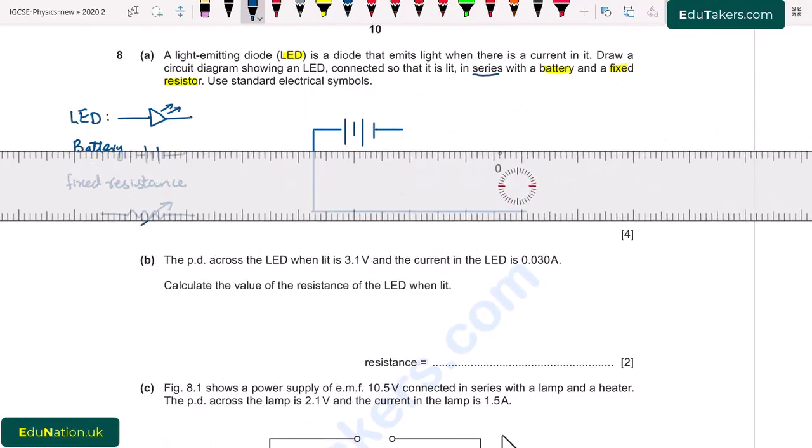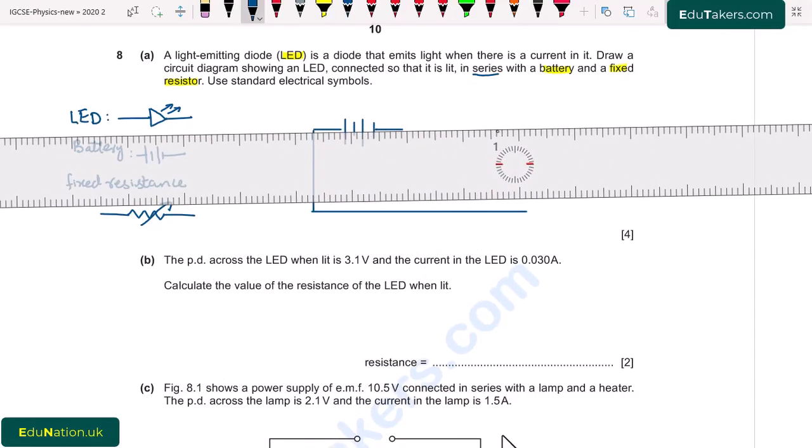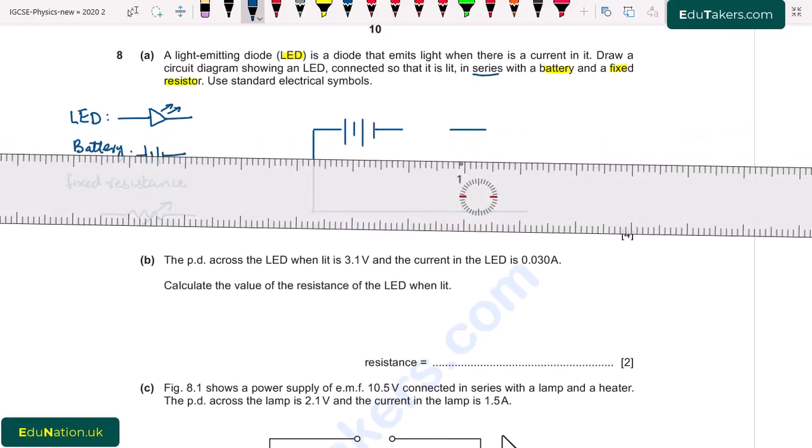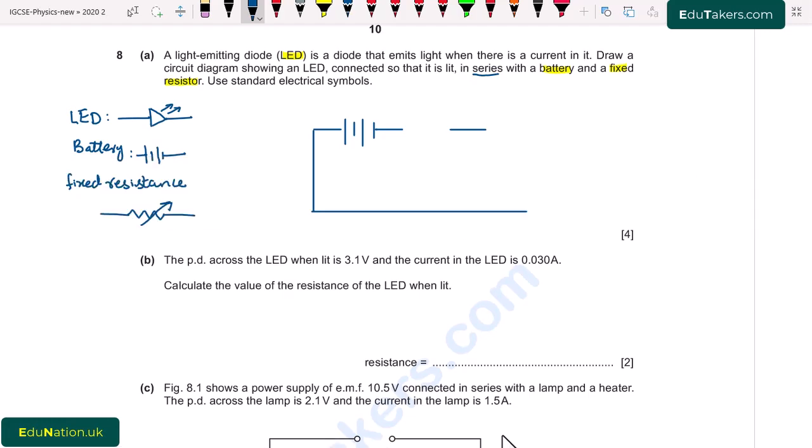So it's a battery and there is also a fixed resistor in series with this. Here I have to draw the fixed resistor and put an arrow above it.